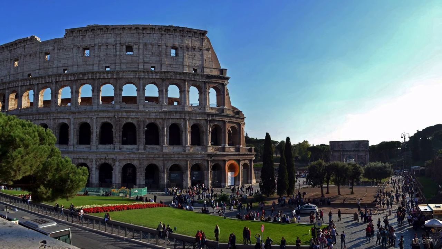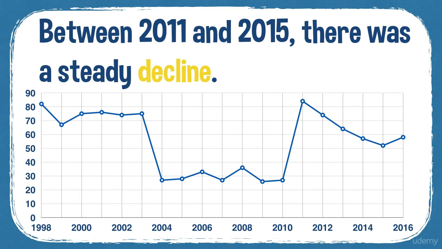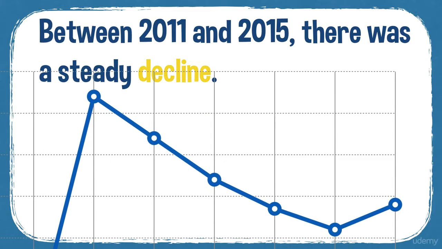So decline can also be used for something that happens over a long period of time. But it can also be used in a general sense, just like fall and decrease. So for example, between 2011 and 2015, there was a steady decline.